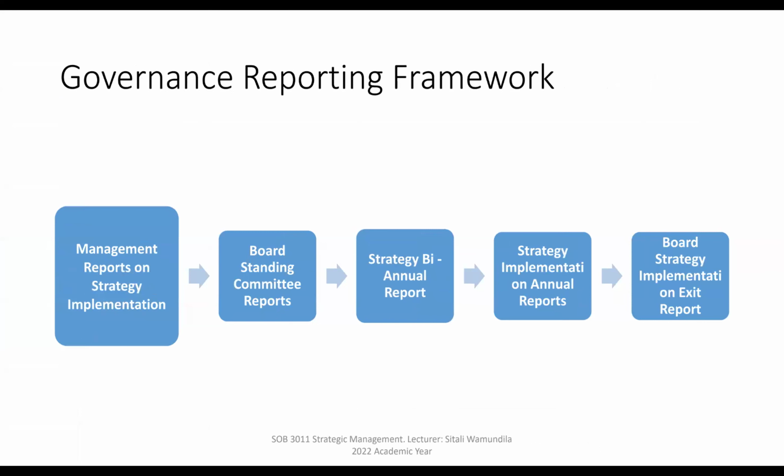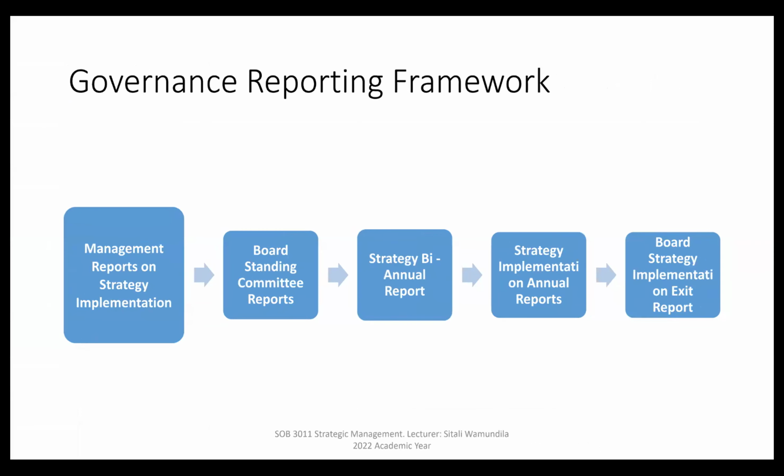Now, when you check the governance reporting framework, this one is a bit different in terms of the flow. It starts with the management reports on strategy implementation. The management will report on how they have implemented the strategy. There will also be a board standing committee report.